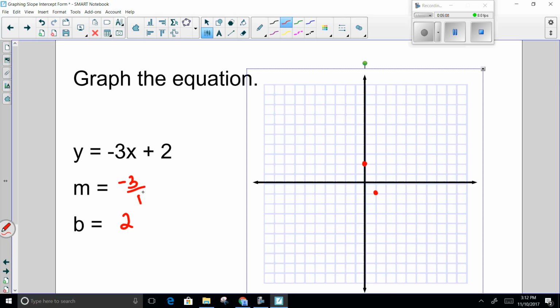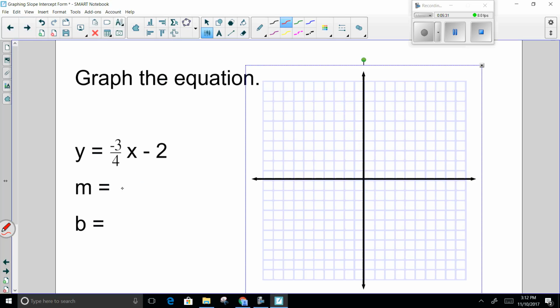Notice only one of these two numbers is negative. So you have one negative movement, one positive movement. And then you can go down 3, right 1, and you would have a line that looks something like this. Okay? And this slope from left to right is going down, which would be a negative slope.